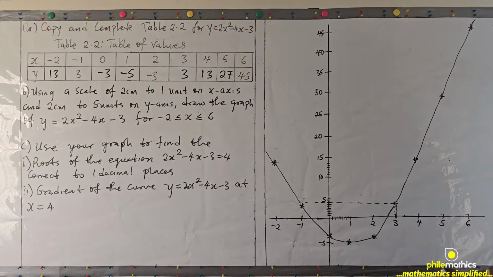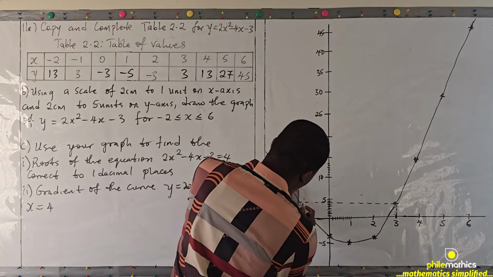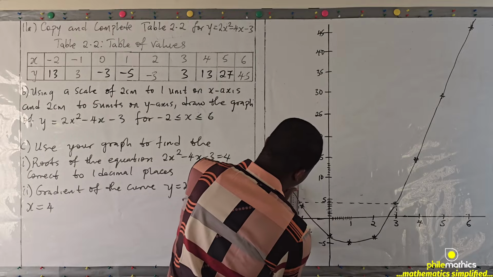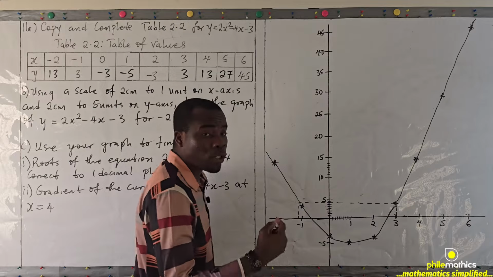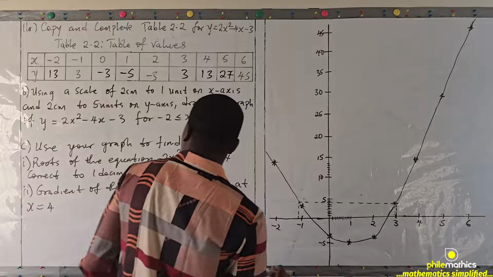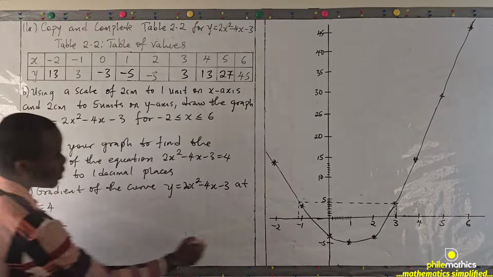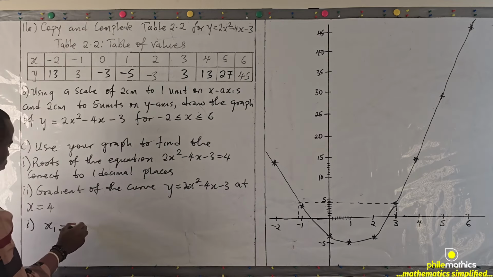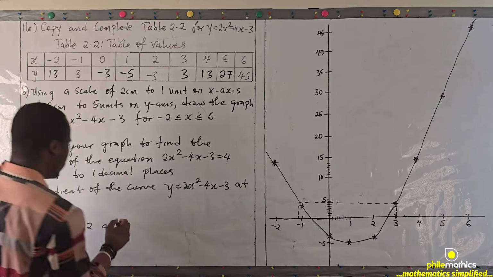And then join this here. Remember I said each box for the x-axis is 0.1. And so for I, our value of x, the roots, are minus 1.2 and 3.1.